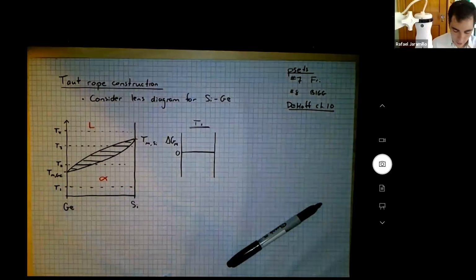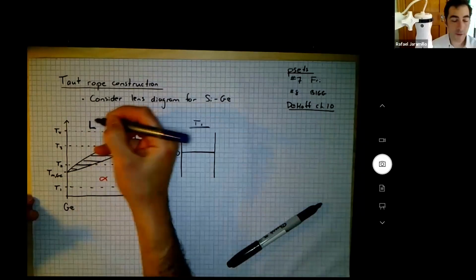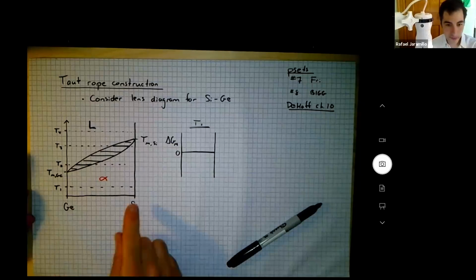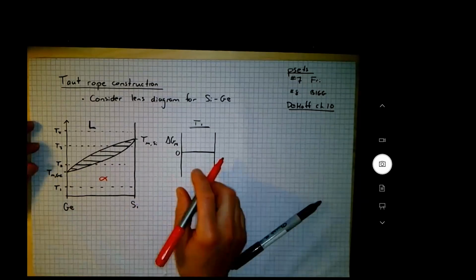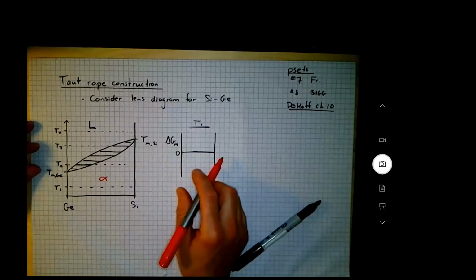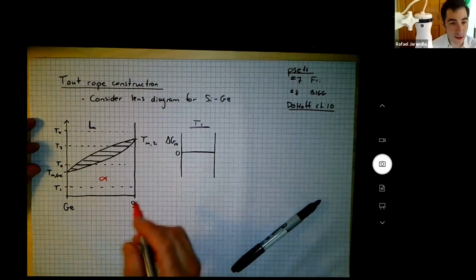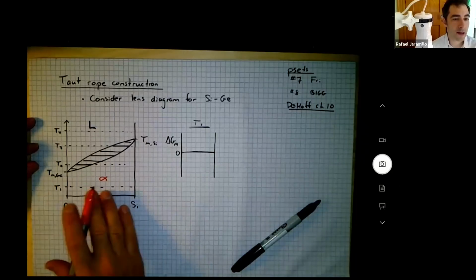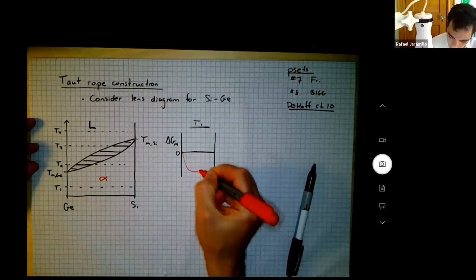What should my solution model for the alpha phase look like for T1? This low temperature. Should it be negative at all points? Negative at all points and curved upwards, because this is a fully miscible system, right? This is a solid solution that's stable at all compositions. That's what the phase diagram tells us. So there is a solution model for T1.